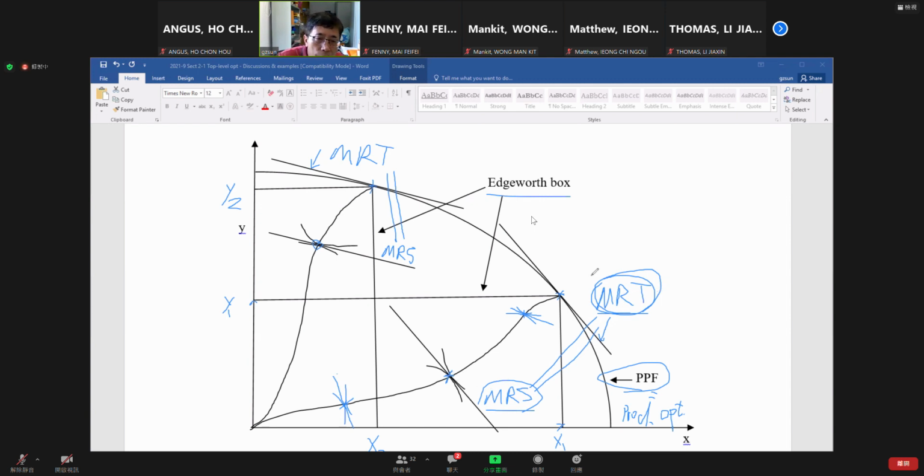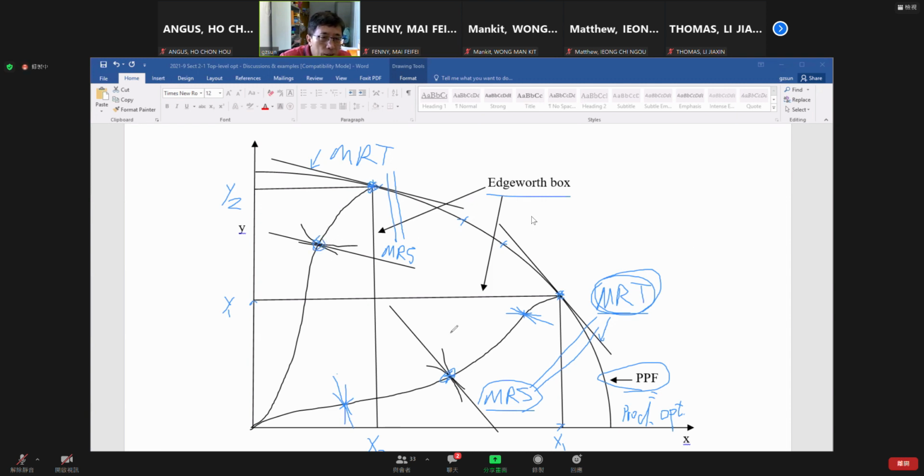This is true for any point along the PPF. For each one, we consider the same problem: what is the social level or top level optimal? So now you can see this point together with this point is one good Pareto optimal. This one plus this one is another one.